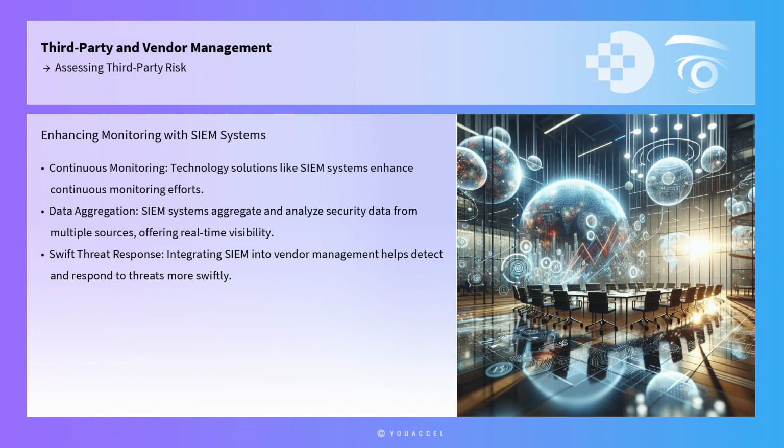CIPM systems aggregate and analyze security data from multiple sources, providing real-time visibility into potential security incidents. By integrating CIPM systems into their vendor management processes, organizations can detect and respond to threats more swiftly, reducing the impact of potential incidents.